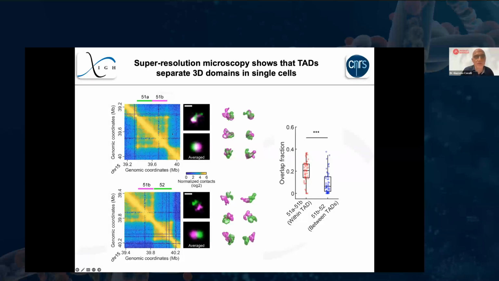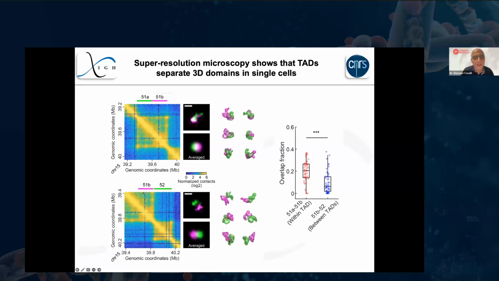And that's what we see, in fact. So this is a TAD of about half a megabase. And if you overlay the signals in green and magenta, you see a lot of white. That's the level of overlap in multiple nuclei. And these are actually segmentations of multiple individual nuclei, just to show you that, yeah, you have variability in different nuclei, but you have a lot of interdigitation between probes that are in the same TAD.